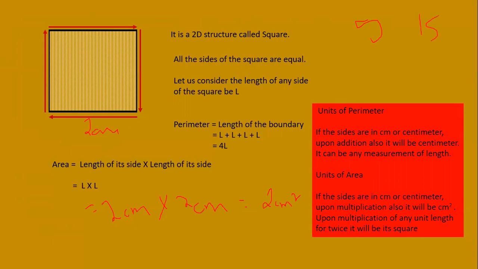Which one is area and which one is perimeter? You won't be able to say. If I say 5 centimeter and 15 centimeter square, which one is area? This one is area. What is it? This one is perimeter. So unit plays a tremendously important role. Without writing the unit, you are going to get 0 even for giving the correct answer. So you have to be very careful regarding this.